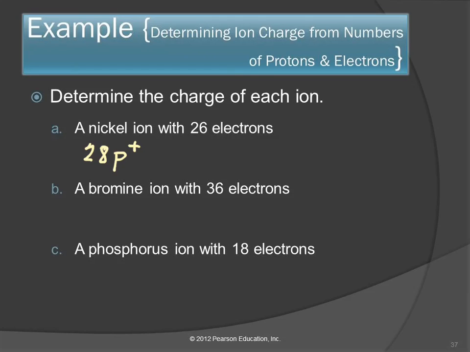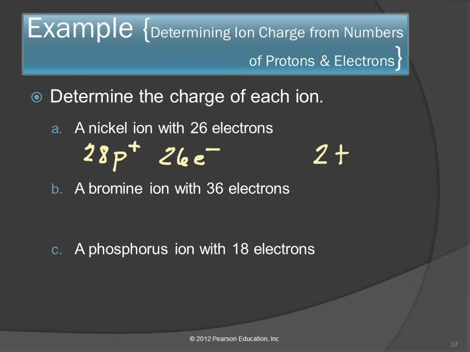The protons are positive. And 26 electrons. So the difference between 28 and 26 is 2, right? And then the problem is, does the nickel ion have a positive charge or a negative charge? It has a positive charge. We have more positives than negatives. We're going to have a positive charge.